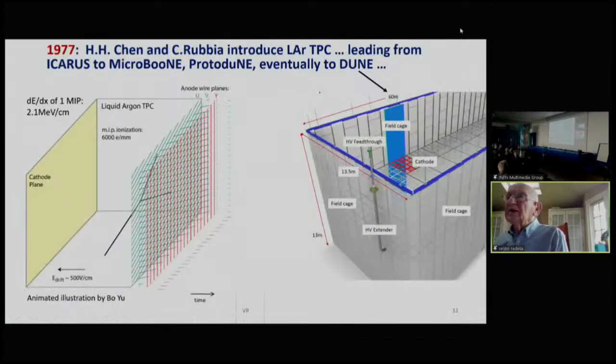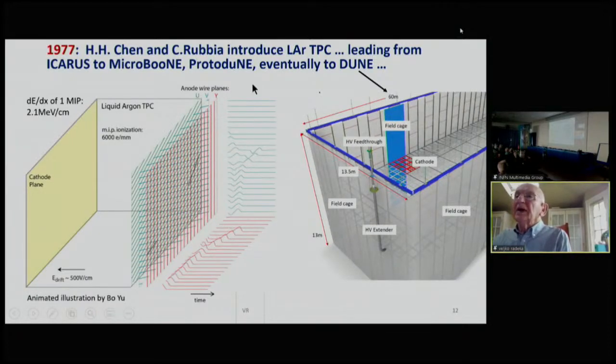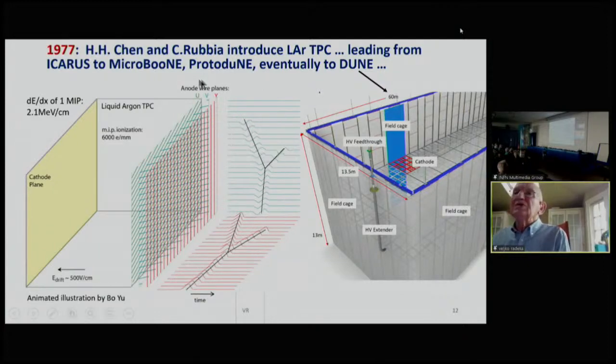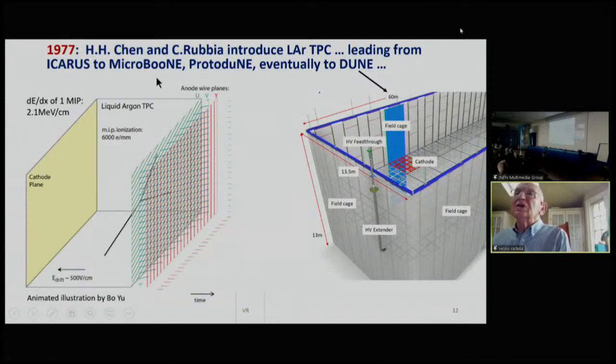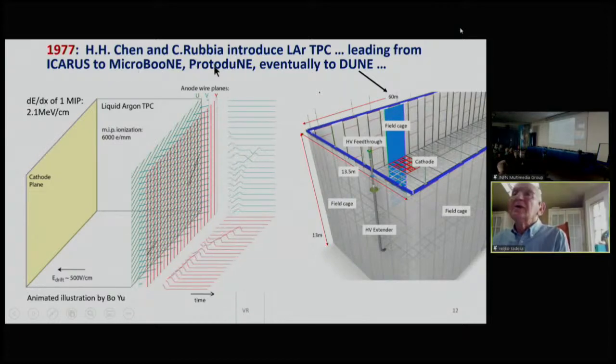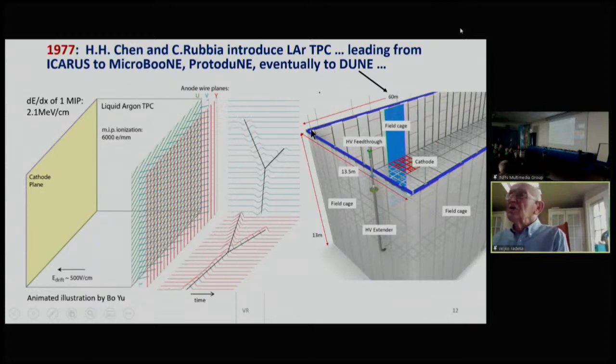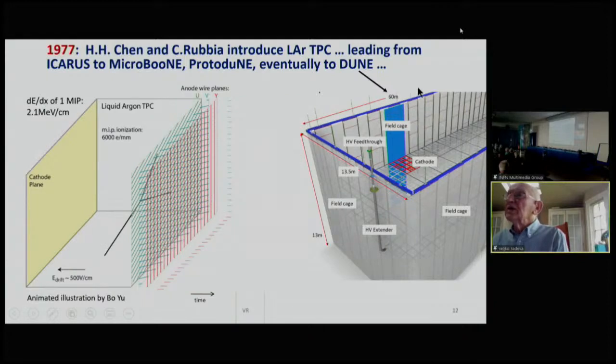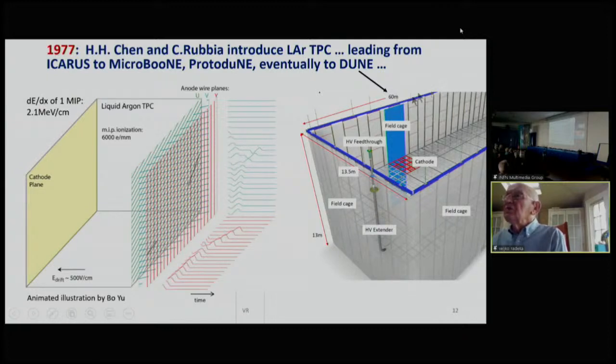Going from that, the concept of the liquid argon TPC was introduced by Herbert Chen, University of Washington, and Carlo Rubbia to use liquid argon, which led to the development of ICARUS, MicroBooNE, ProtoDUNE, eventually to DUNE, which I'm showing just an outline of, a very large, more than 10 kiloton active volume.